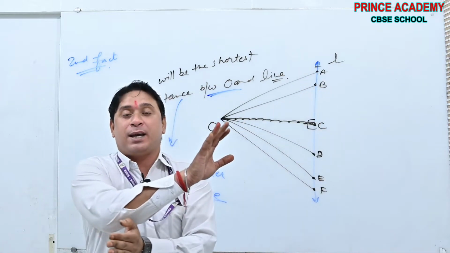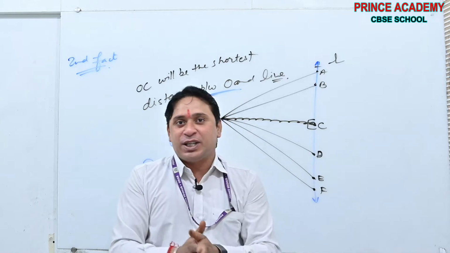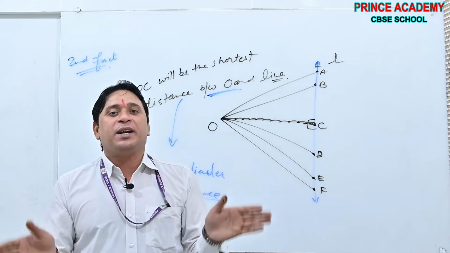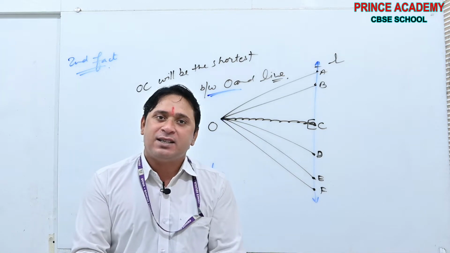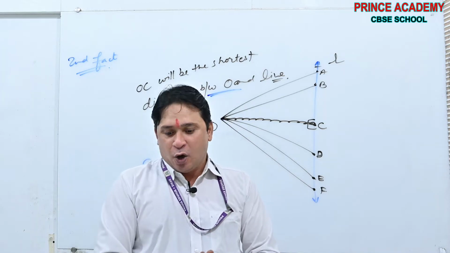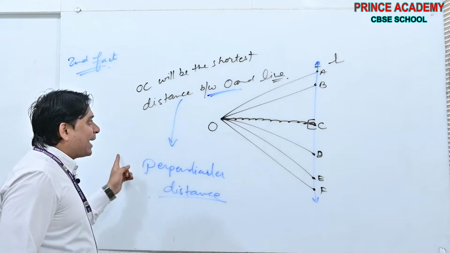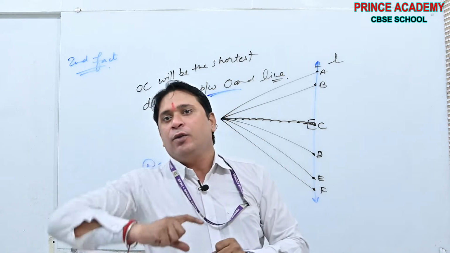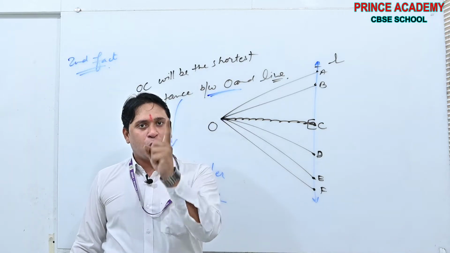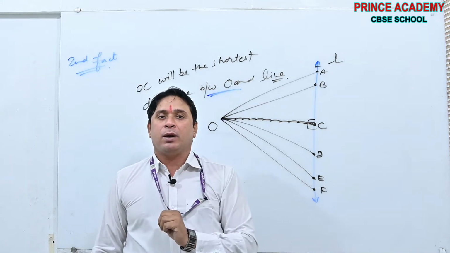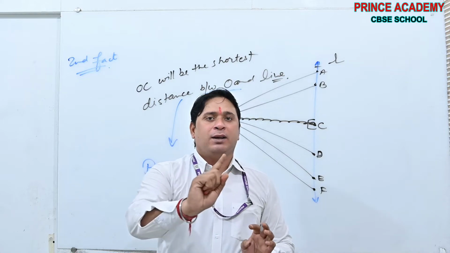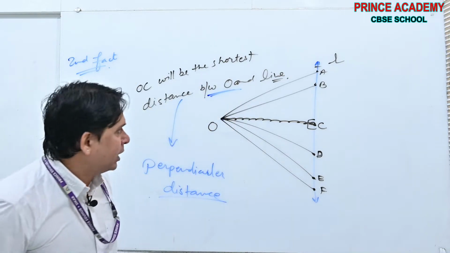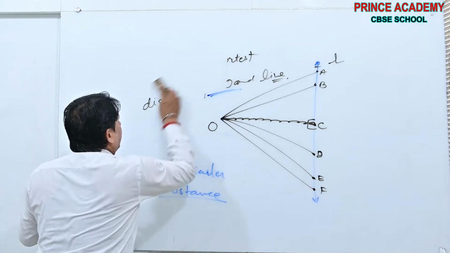Or vice versa: the distance which is perpendicular will be the shortest. This is the second fact I am going to use. The distance of a point from a line is shortest if it is perpendicular, or you can say it is perpendicular if it is shortest. Done beta? These are the two facts I am going to use here.